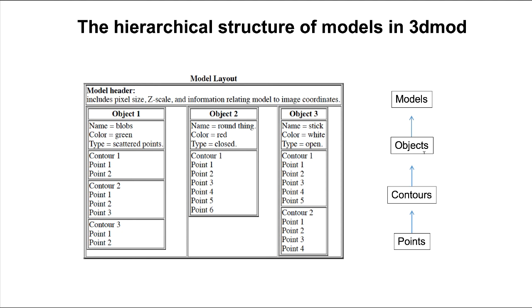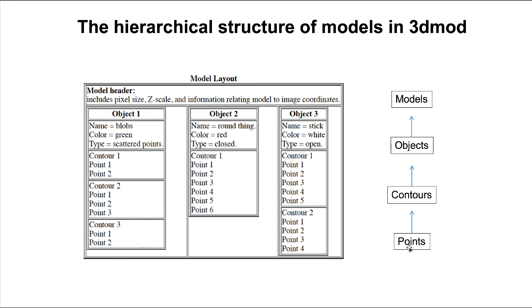This three-dimensional object consists of two-dimensional closed polygons called contours. A contour is the outline of a membrane compartment or cytoskeleton in 2D. It is made of lines, and the lines are made of points.